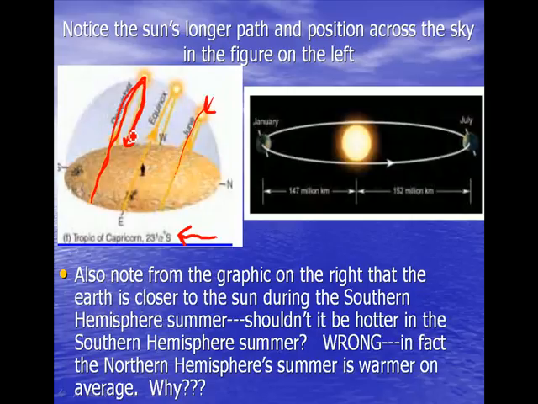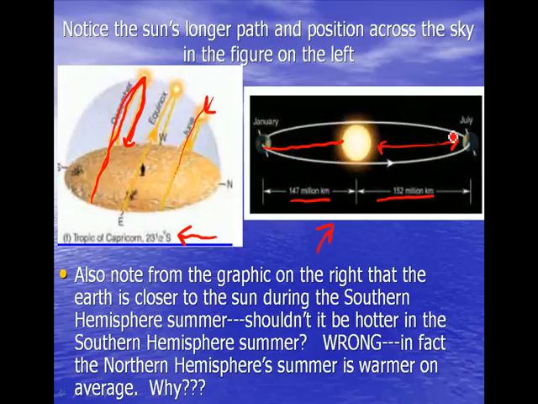One thing that I think is kind of interesting here, note that in this particular picture, in the southern hemisphere in January, the distance from the Earth to the Sun is 147 million kilometers, and in July it's 152 million kilometers.